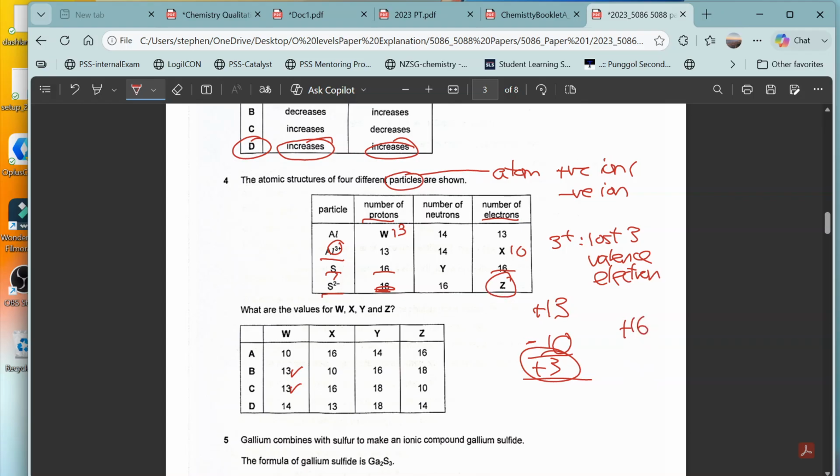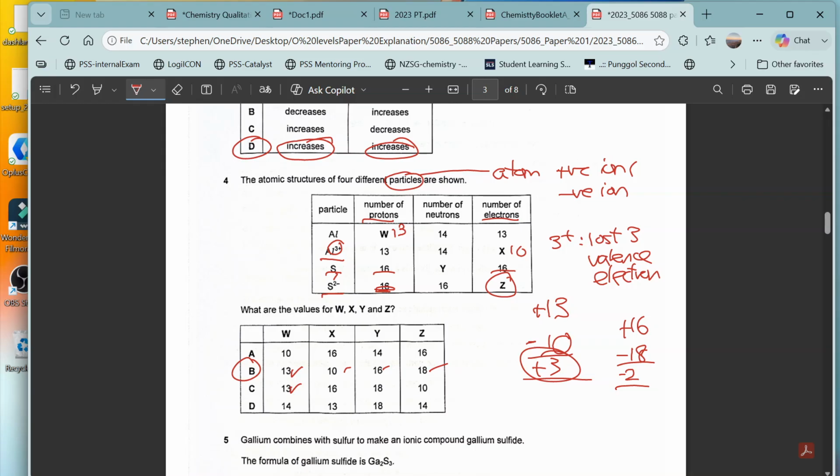And then it gained 2, so minus 18, right? That's why it's called negative 2, that's why it's 2 minus. So the answer should be this one, right? Okay, and B. So go and revise.